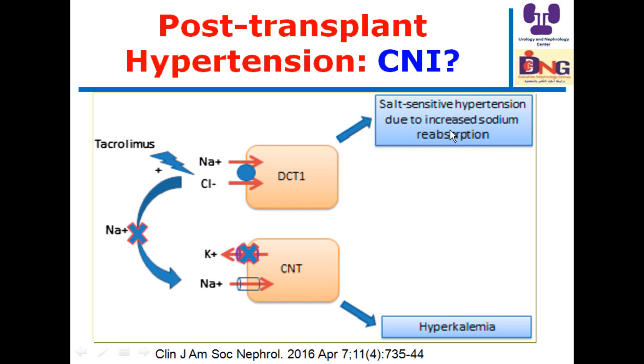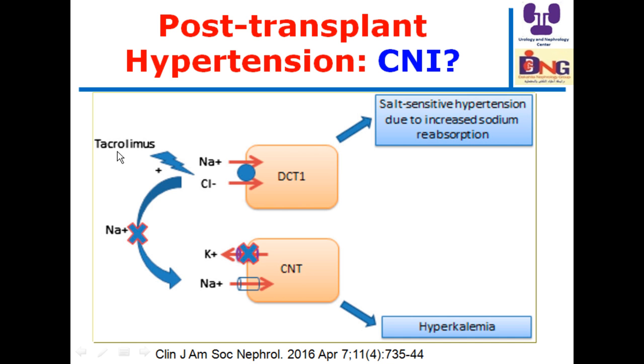If sodium reabsorption increases within the distal convoluted tubule, sodium delivery to the collecting ducts is reduced. Sodium delivery to the collecting duct is the main stimulus for potassium secretion, so reduction of sodium reaching the collecting ducts will inhibit potassium secretion. So in the end, tacrolimus will lead to hypertension and hyperkalemia.